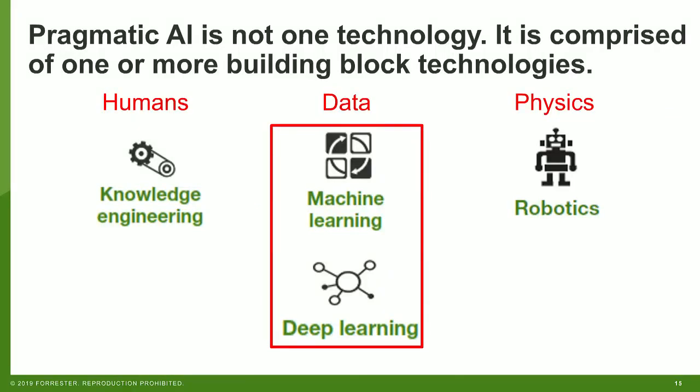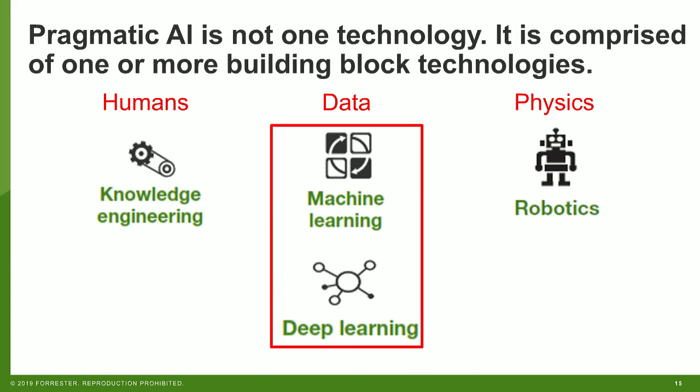So the strategy element is to make sure you're discussing AI in terms of concrete technologies. In our view, AI isn't one particular technology, but rather it's comprised of one or more building block technologies. And we say one or more very carefully because it doesn't have to be all of these things, right?